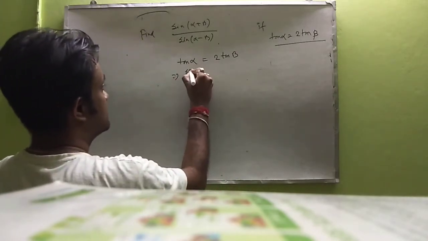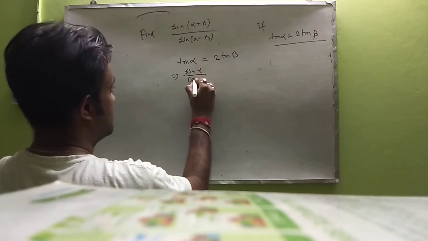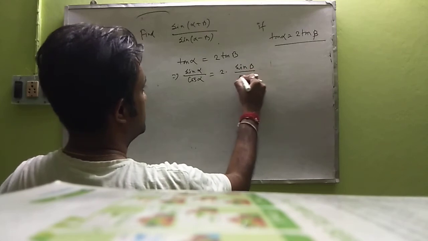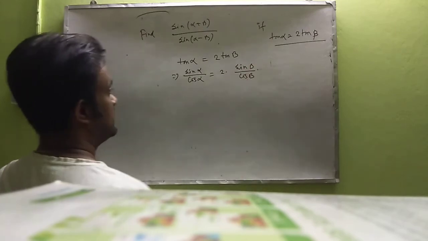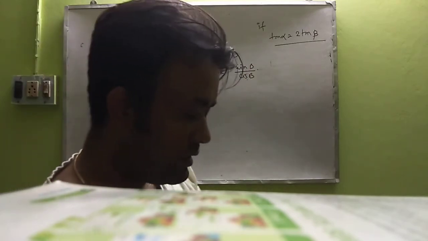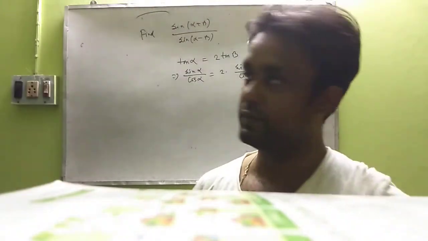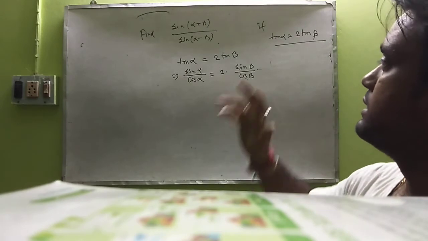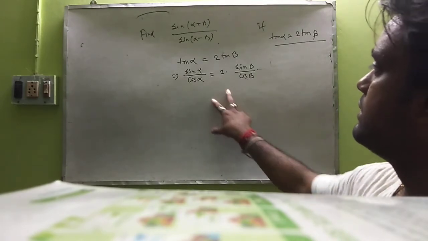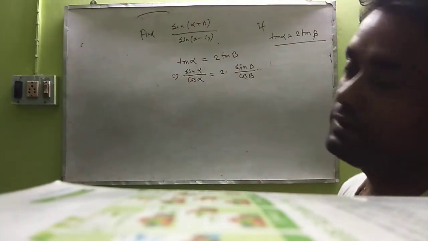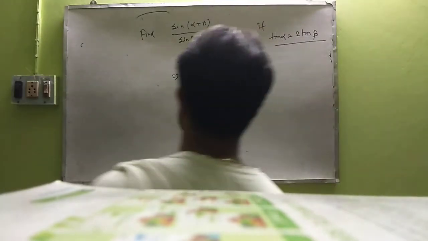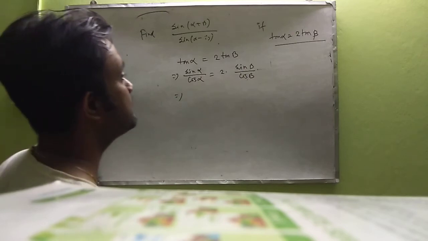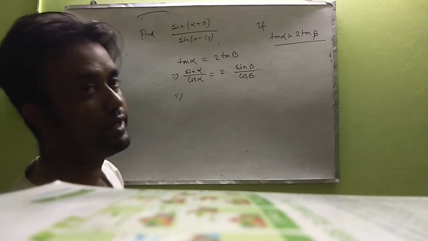Now tan alpha can be written as sin alpha by cos alpha, and this is sin beta by cos beta. You should get used to this type of sum. In this step we have to use the componendo and dividendo rule.